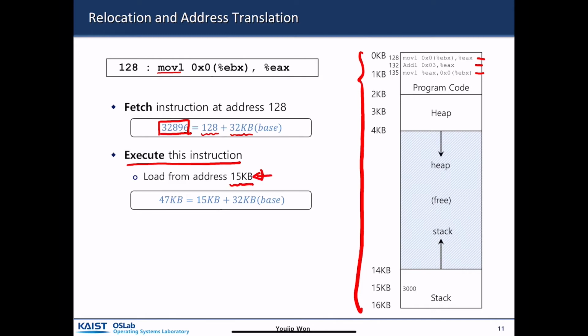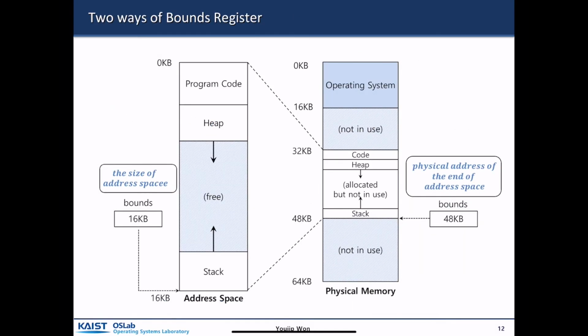The base and bound register supported hardware automatically translates this 15 kilobyte address to 15 kilobytes plus 32 kilobytes. The result is 47 kilobytes. So it loads from the physical address of 47 kilobytes. It accesses the rest of the instructions the same way.